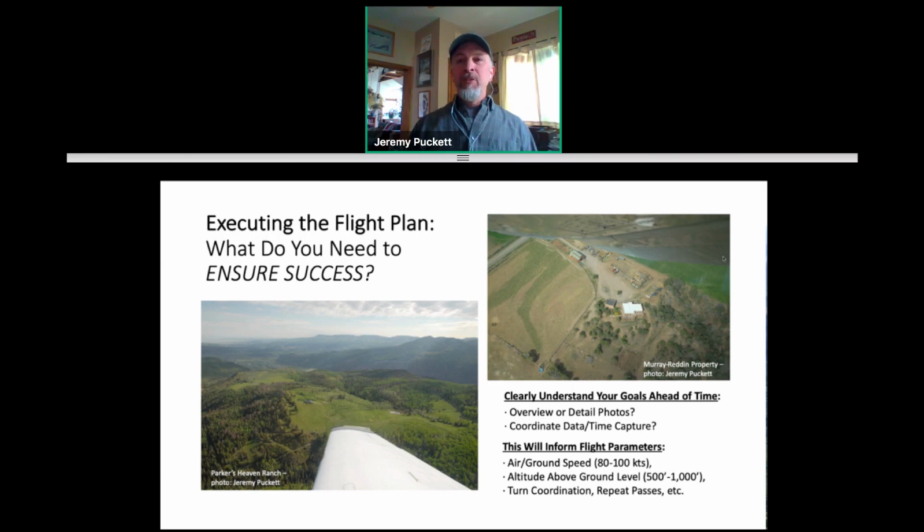Altitude is often anywhere from 500 to 1,000 feet above ground level. And that's generally a safe altitude as long as the pilot is comfortable with that, and they're aware of any obstructions like towers or terrain that they need to be monitoring while they're performing these maneuvers.